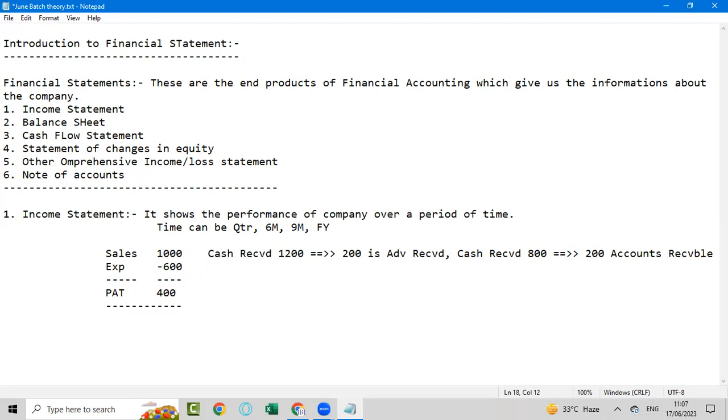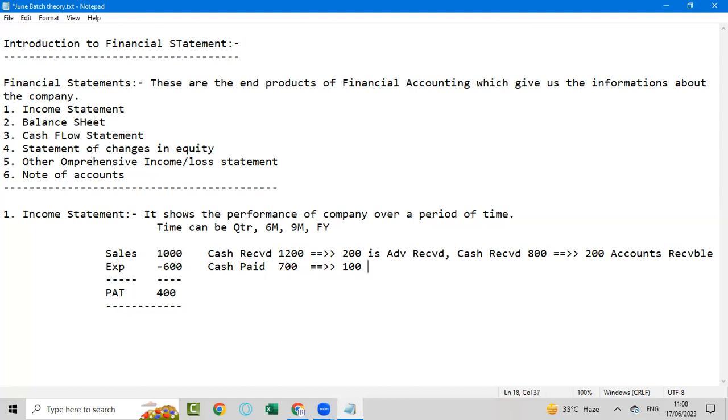Right? So what is your expense, which is of 600 here? For this particular period, the expense were of 600. It again does not mean that we have paid cash of 600. Cash payment may be more than this, or it can be less than this. So cash paid is, let's suppose, 700.